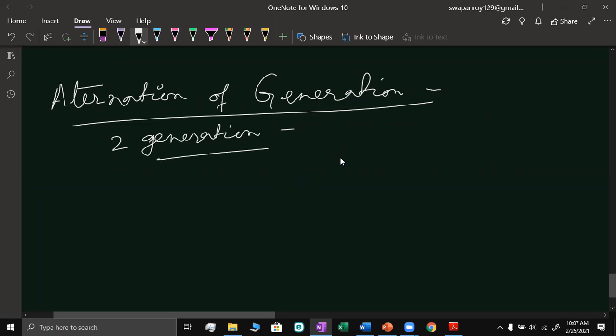One is called the gametophytic generation.